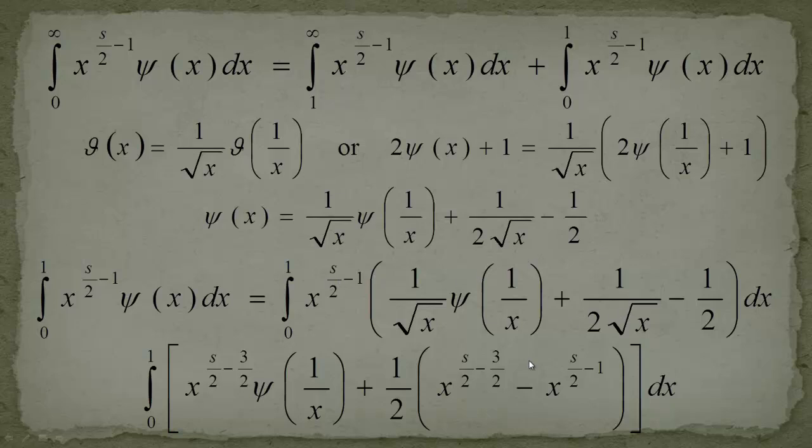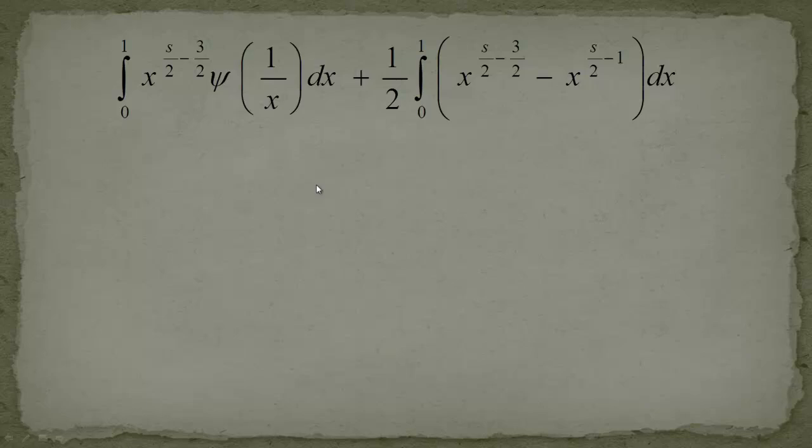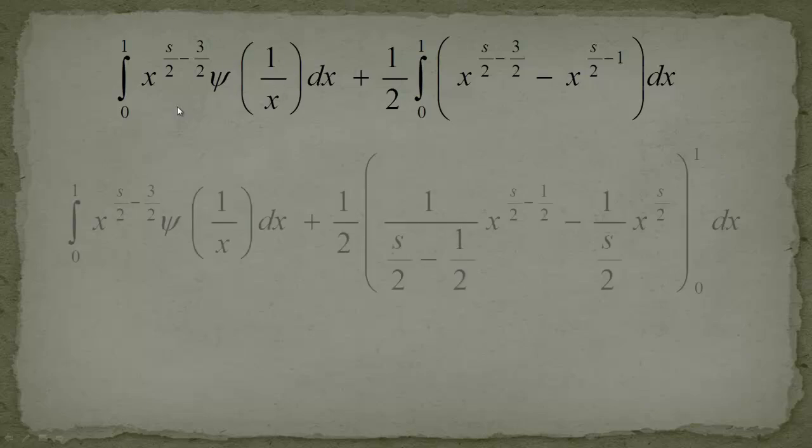So in front I get the same as here, x to the s over 2 minus 3/2, and we get minus x to the s over 2 minus 1, which is just this factor in front. Now let's split up this integral into 2 parts, because we can easily integrate the right hand part, and the left hand part will just be left for this moment.